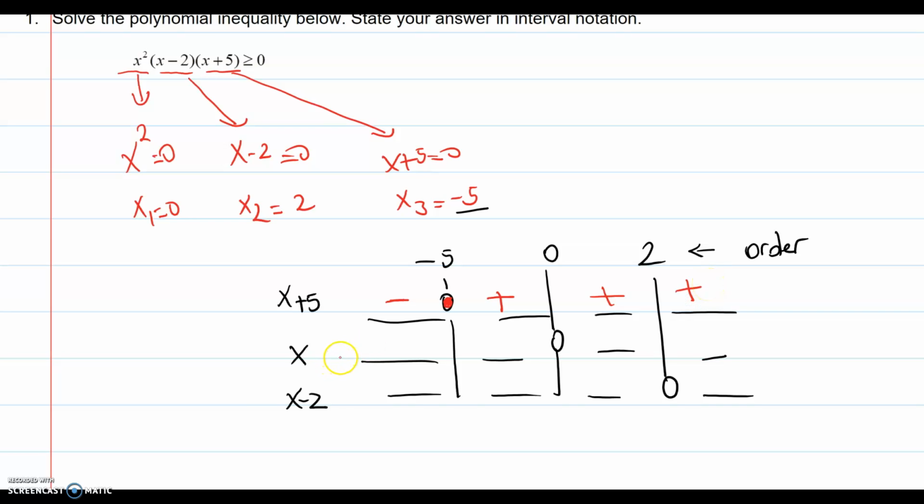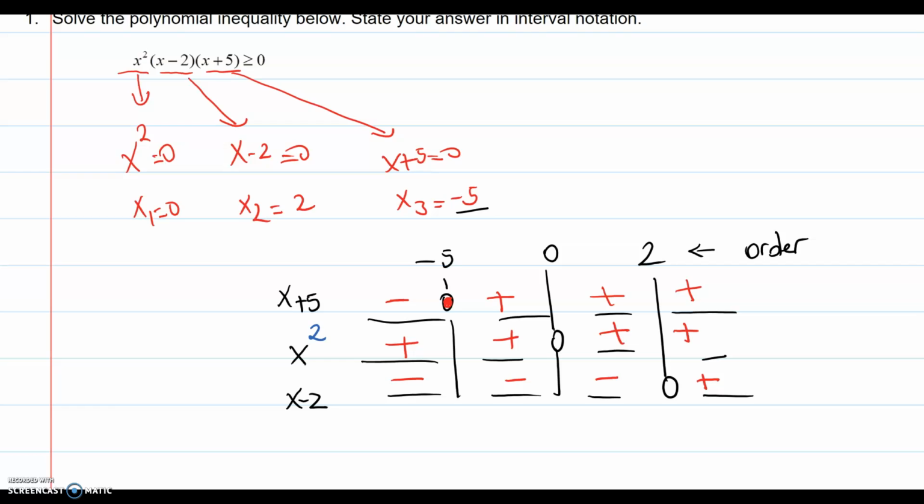For x, it will be positive here, it will be negative there. However, we have x squared. So it doesn't matter, although 0 is a root, it will be positive everywhere. For x minus 2, it will be positive for values greater than 2. Values less than 2 will be negative, and continue with that.